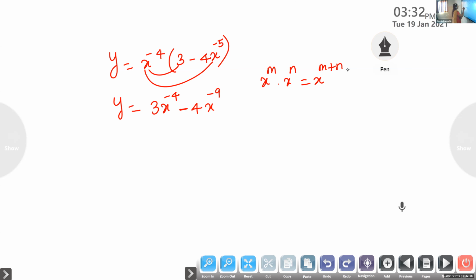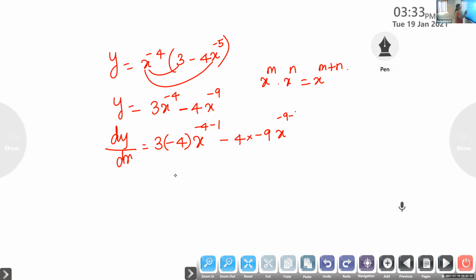Now find out what dy by dx is. 3 into the derivative of x raised to minus 4, which is minus 4 into x raised to minus 4 minus 1, isn't it? n into x raised to n minus 1, reduce the power by 1. Minus 4 into, x raised to minus 9, if you differentiate, minus 9 into x raised to minus 9 minus 1.